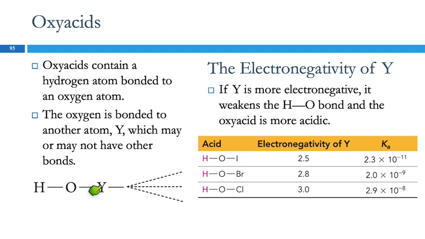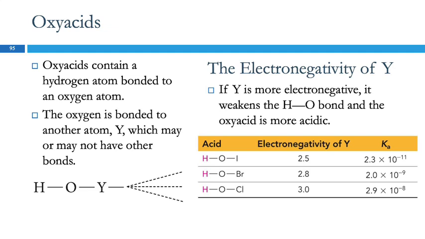So if this is more electronegative, it pulls the electrons away from oxygen. Oxygen was already pulling electrons away from hydrogen, and now Y is kind of helping it pull them away. So they get pulled away even more.